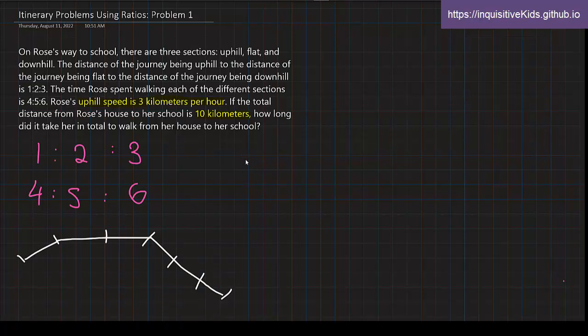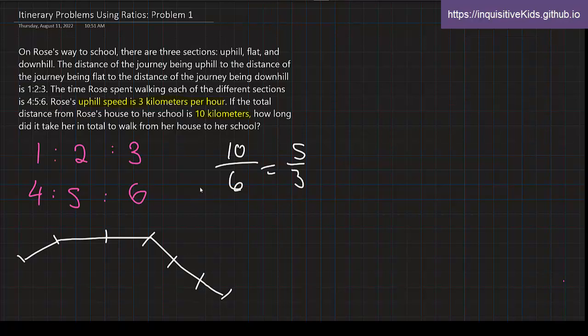Let's divide 10 by 6, and we get 5 over 3. That's the distance of each unit. So this part is 5/3 kilometer, this is 5/3 kilometer, this is 5/3 kilometer, and so on.